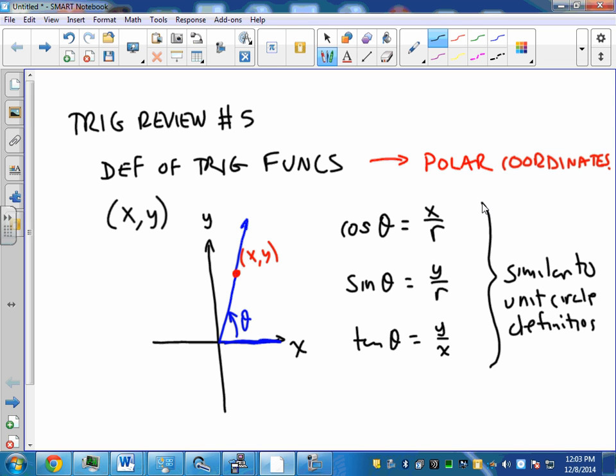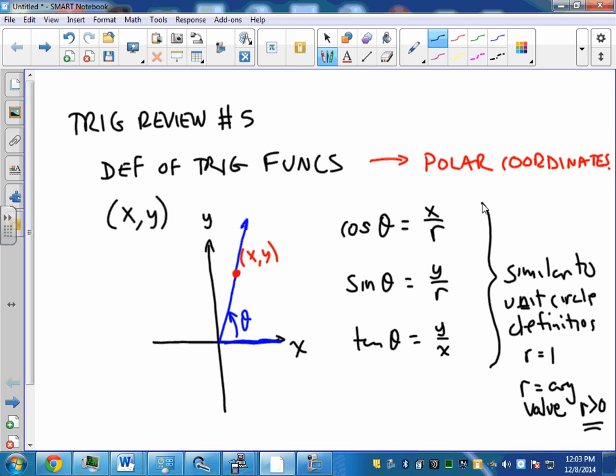But of course, on a unit circle, r is equal to 1, and here we're allowing r to be any value. And I suppose if we're talking radius of a circle, we want r to be bigger than 0.